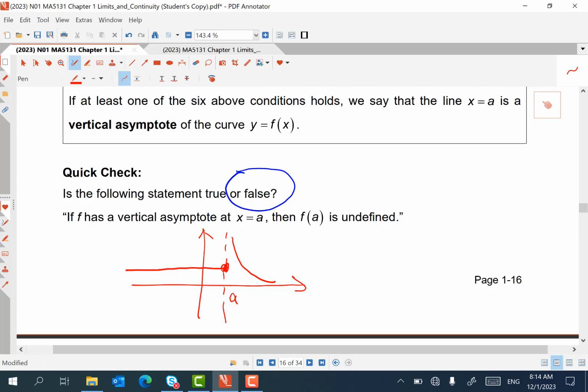Yeah, potentially your diagram might look like this. You indeed do have an asymptote, and f(a) is still well defined. You know what I mean?